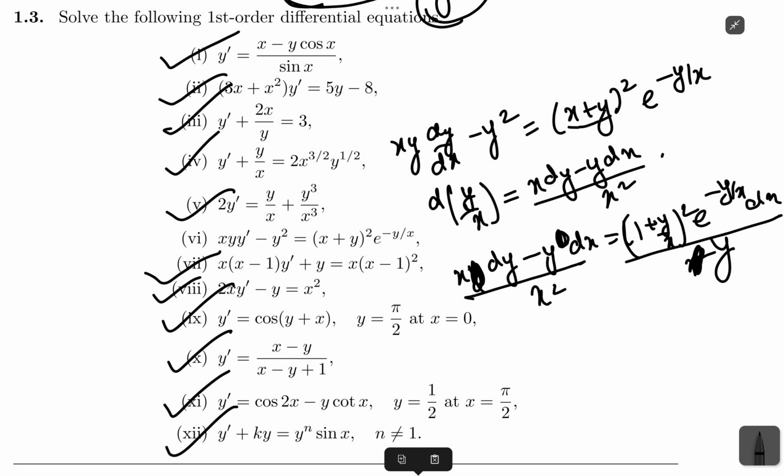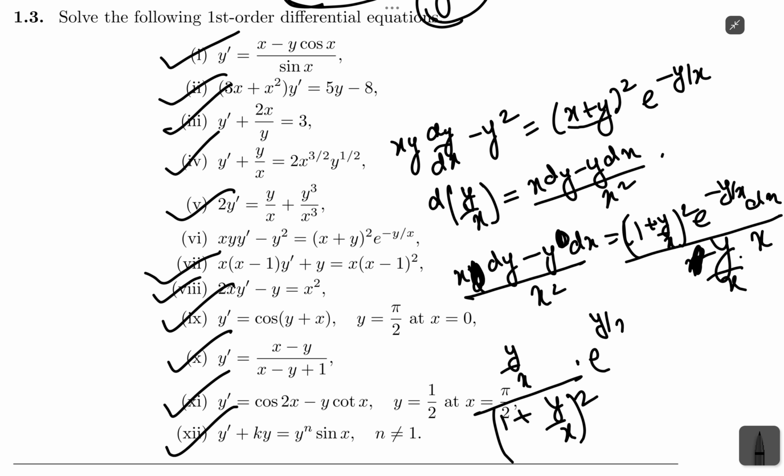Okay, that's also cool. Okay, but I'm left with this y by x term. Oh yeah, so I can just do y by x and then x. So this would be dx by x and all the y by x terms would go there. So y by x divided by 1 plus (y by x) squared times e power y by x d of y by x is equal to dx by x.